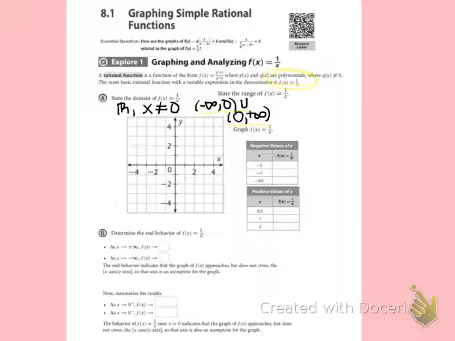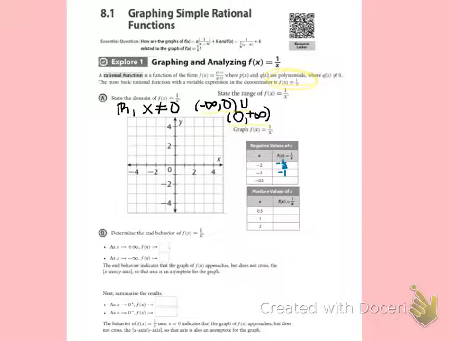so we're going to complete these tables over here to get a look at what this graph is going to look like. If I were to substitute in some negative values for x, like say I plugged in -2, 1 over -2 is -1/2. If I plugged in -1, 1 divided by -1 is -1.